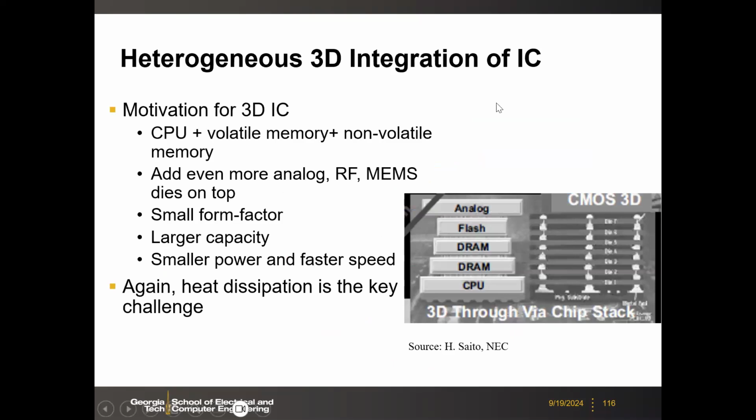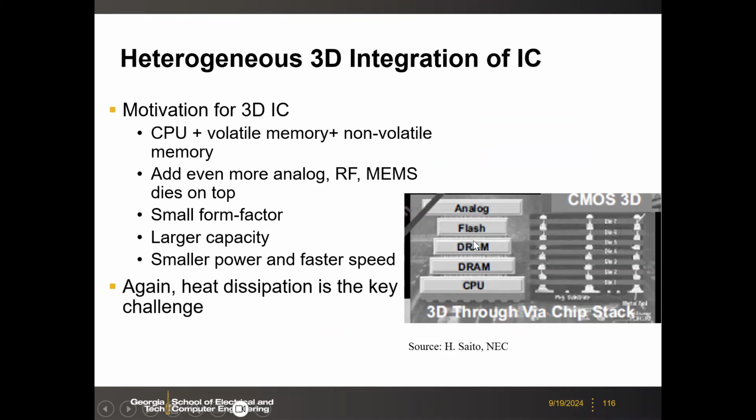So here, this 3D stacking could really introduce heterogeneous system integration, right? We talked about DRAM on top of the processor. You can imagine that you can put all kinds of different dies together.